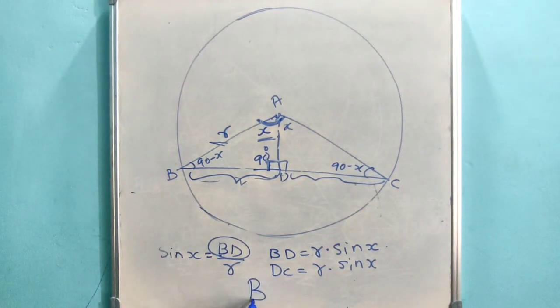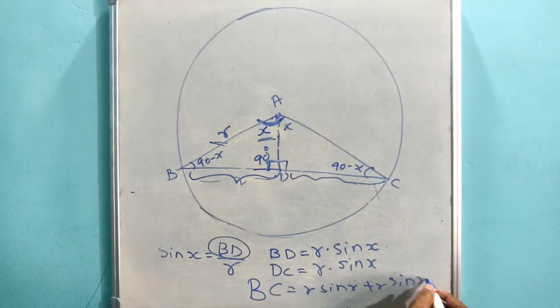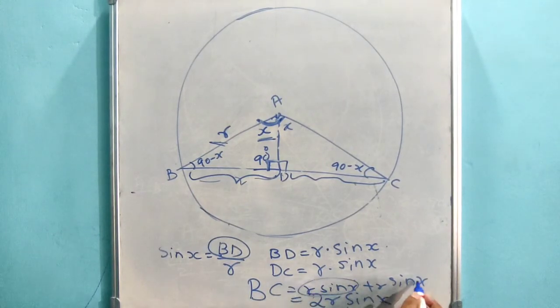This total length BC is equal to R sin x plus R sin x, that is the same thing repeated 2 times, so that is equal to 2R sin x. So the length of this chord is equal to 2R sin x.